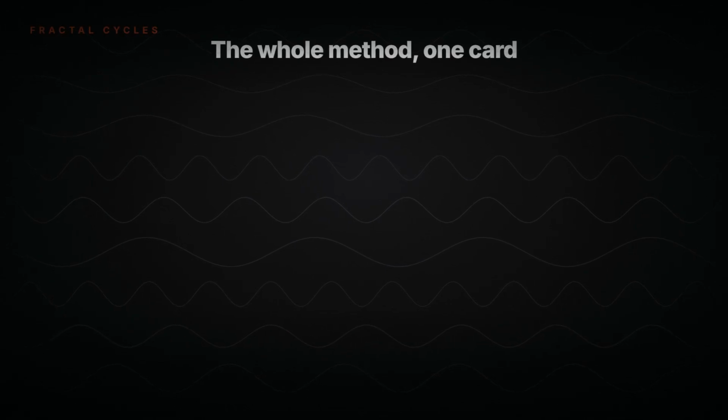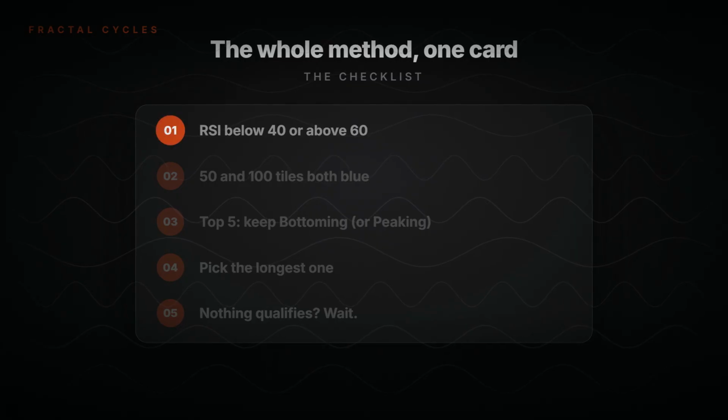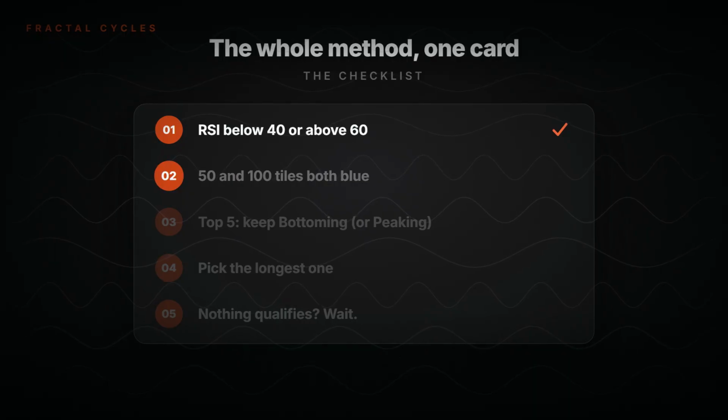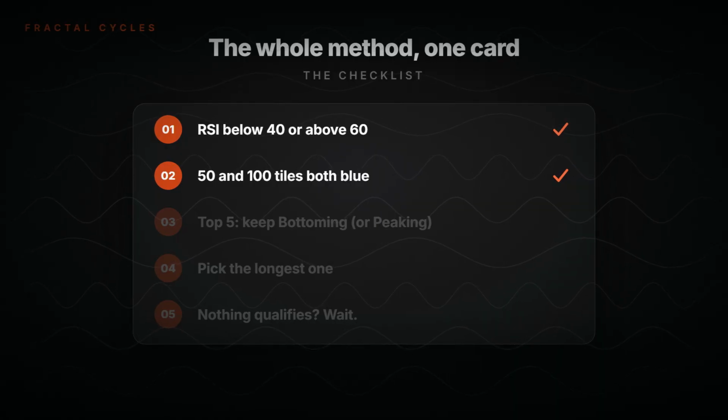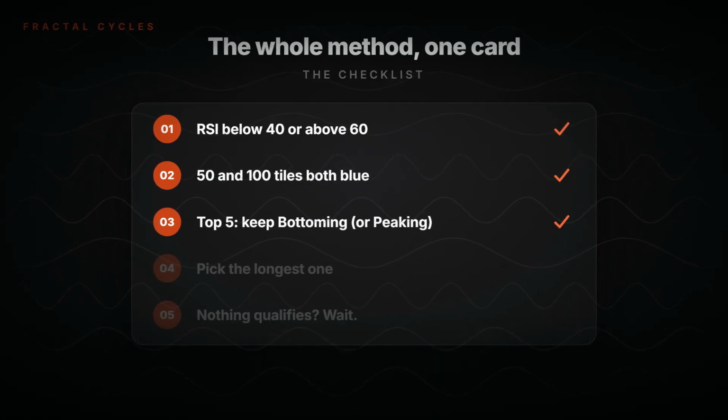Let us put the whole method onto one simple card. The first check asks whether RSI is below 40 or above 60, and if it is not, then you wait. The second check asks whether the 50 and the 100 tiles are both blue and mean reverting, and if they are not, then you wait again. The third check takes you into the top 5 cycles, where you keep only the bottoming rows or the peaking rows if you are looking for a top.